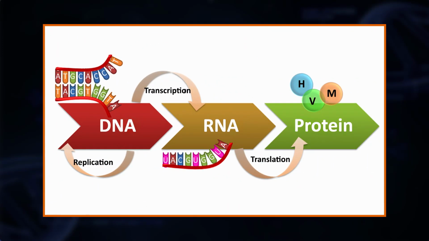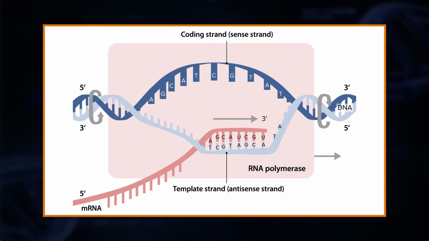The central dogma explains how the DNA codes for the proteins, which proceeds in three stages, namely replication, transcription, and translation. Once DNA replicates into two strands, the information is copied into RNA by the process called transcription. Let's learn more about the process of transcription in detail.